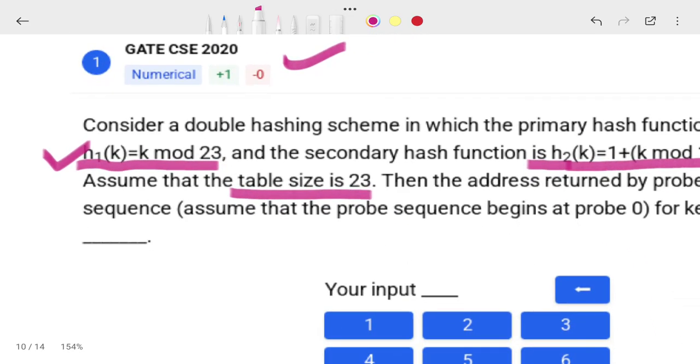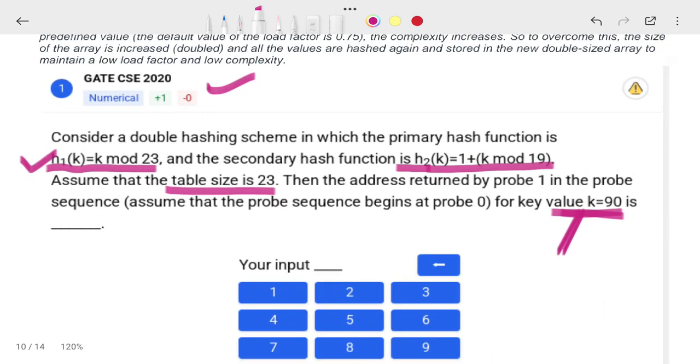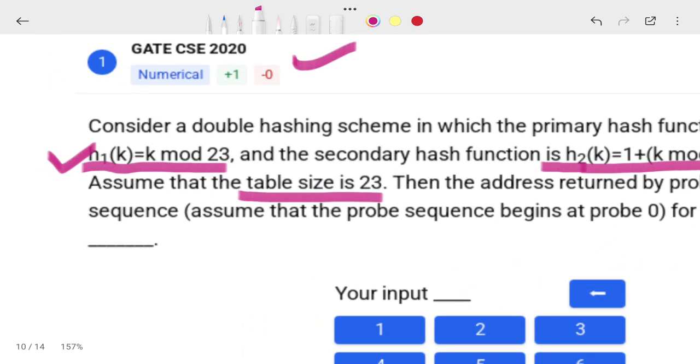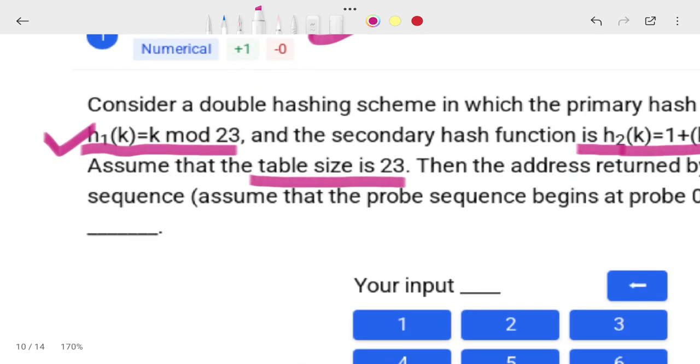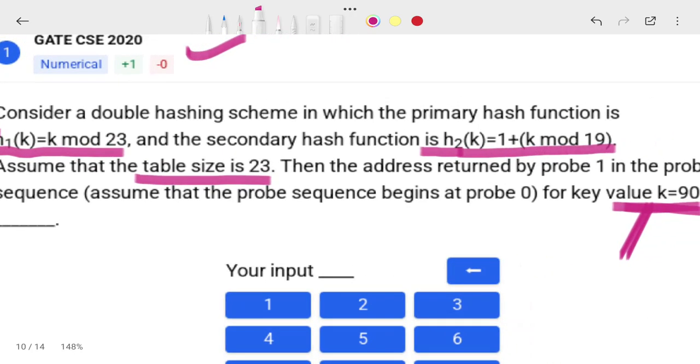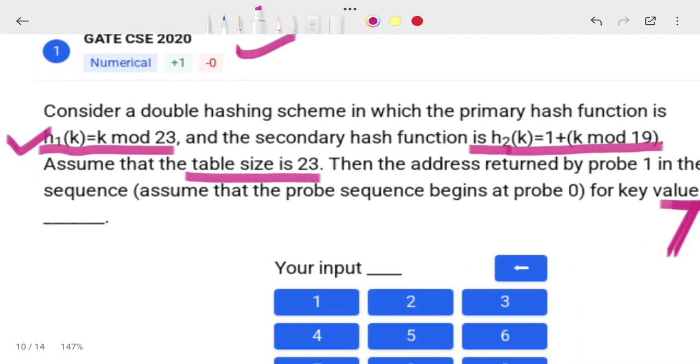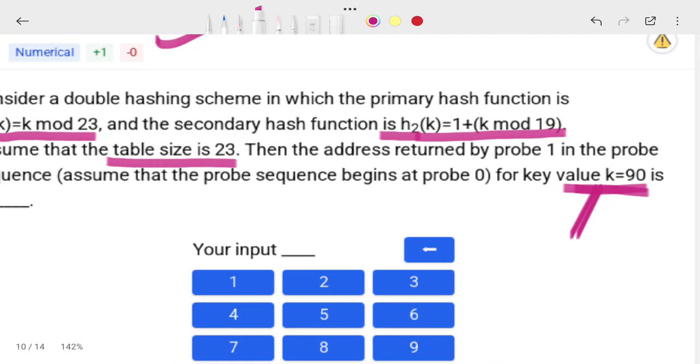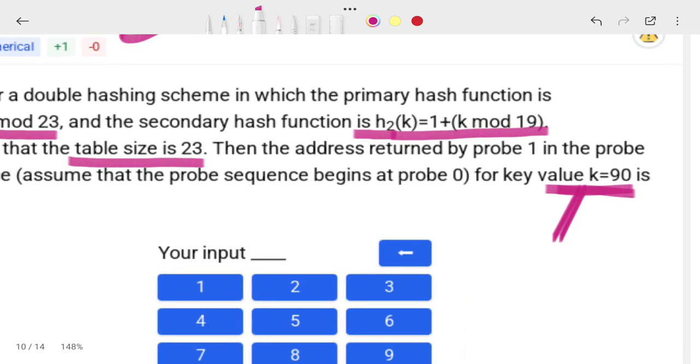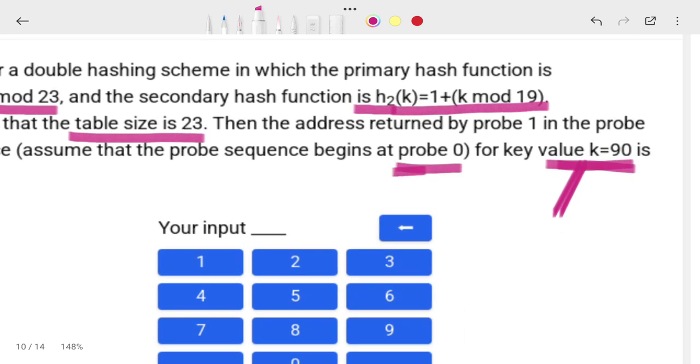Now see what he is saying. Consider the double hashing scheme in which the primary hash function is this and the secondary hash function is this. Assume that the table size is 23. Then the address returned by probe 1 in the probe sequence. Assume that the probe sequence begins at probe 0 for the key value. So there is a probe, he is saying.